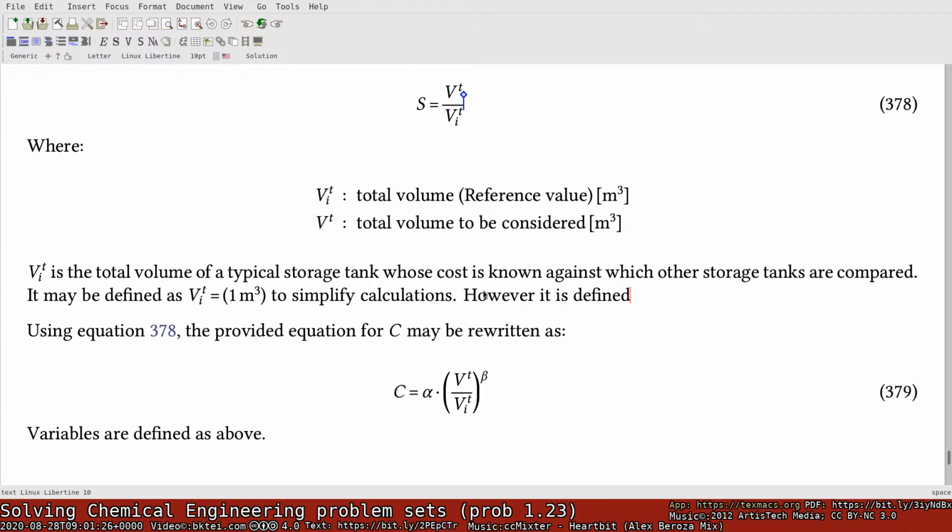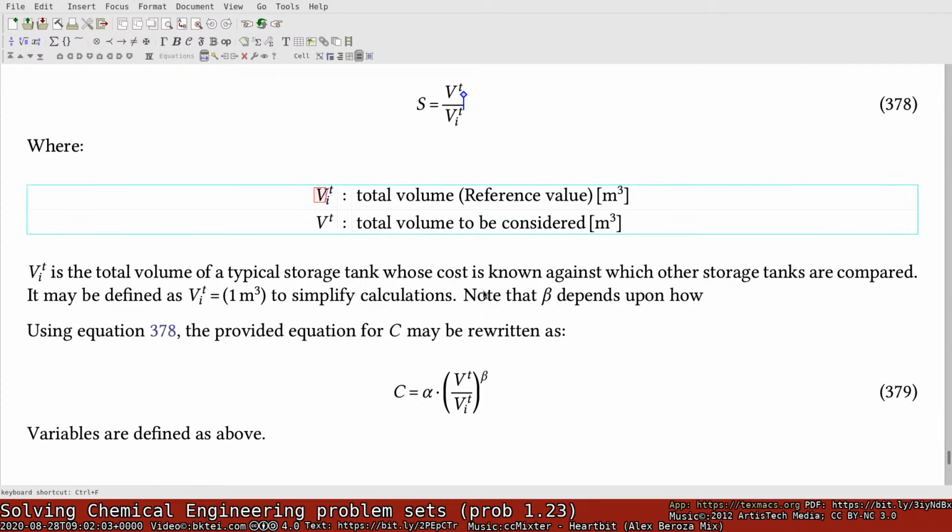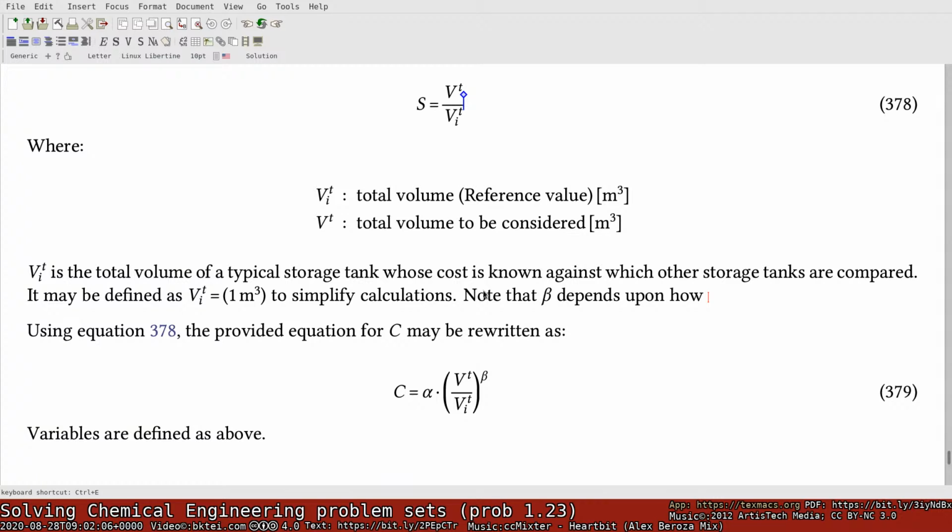However it is defined will affect beta. Note that beta depends upon how it is defined.